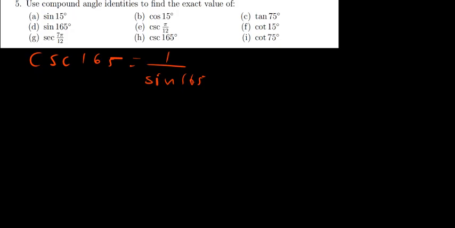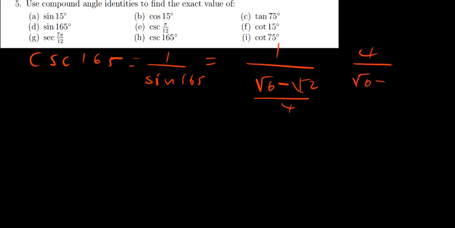So we found what's 165, which was part D. So part D, the answer that we found, it was root 6 minus root 2 divided by 4. So if I do this, it is going to give me 4 over root 6 minus root 2. That will be the answer.